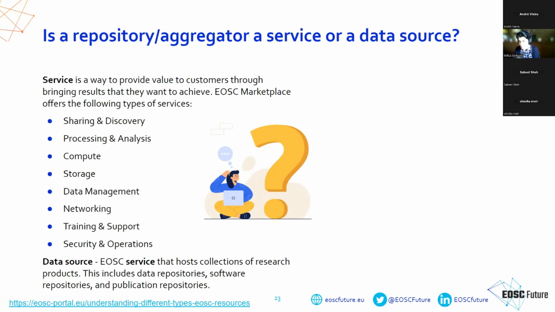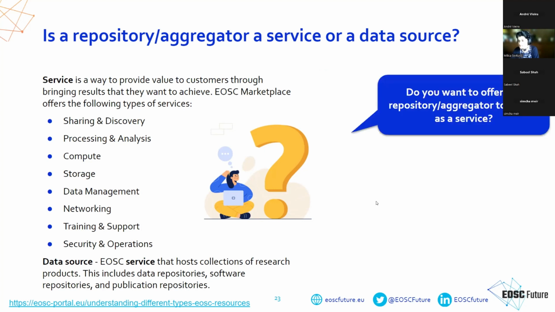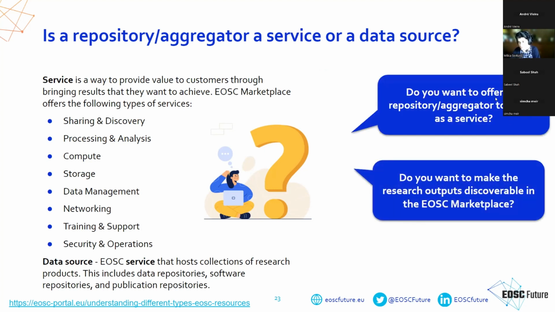And if you are onboarding something as a data source, it is because you want its content to be visible in the marketplace. So basically, this is the question. If you want to offer the repository or an aggregator to others as a service, then it's a service. If you don't want the data to be displayed in the marketplace, you register it just as a service. But if you want the content of this repository to be available in the marketplace, then you onboard it also as a data source.